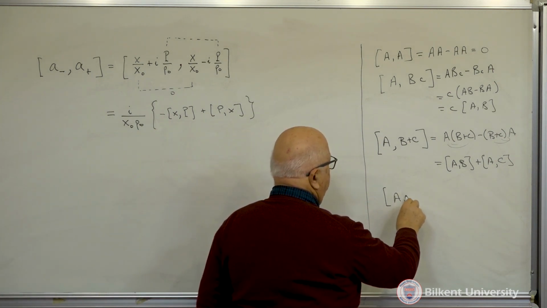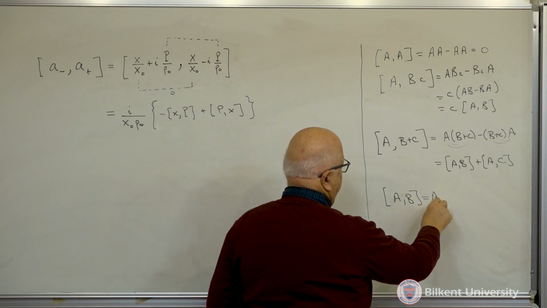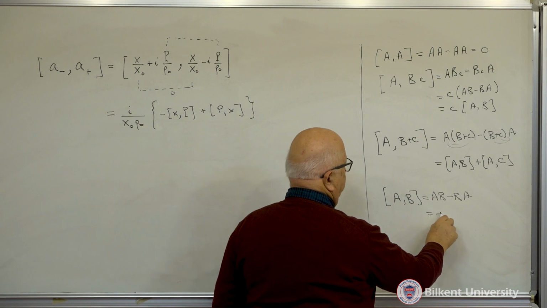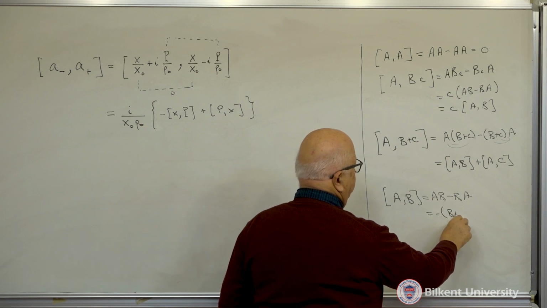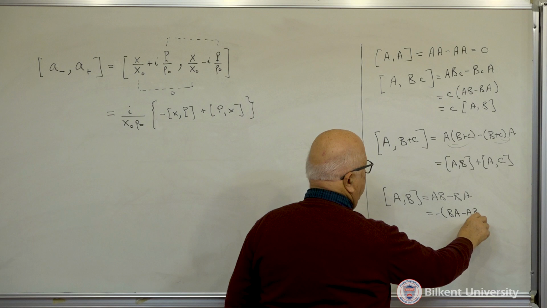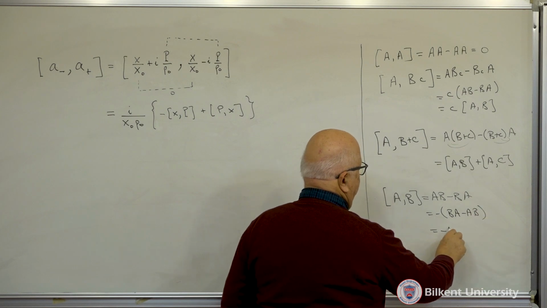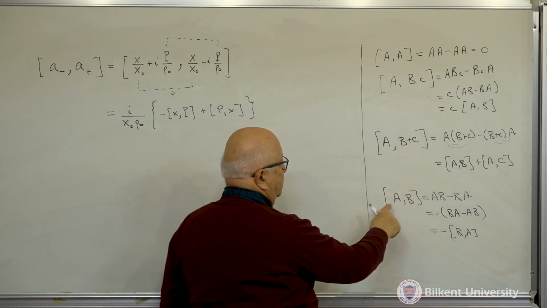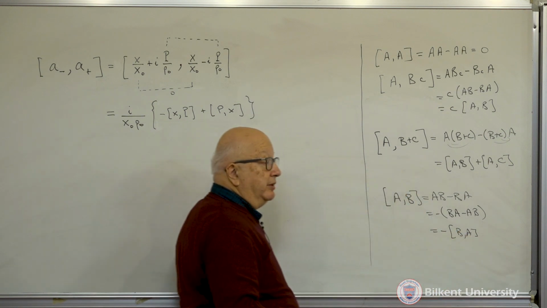If I have [A, B], this is just AB minus BA by definition. So you can factor out the minus sign, so it will be BA minus AB, which means this is minus [B, A], okay, which makes sense. AB minus BA versus BA minus AB.